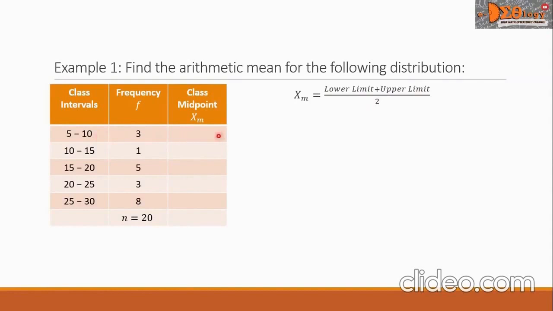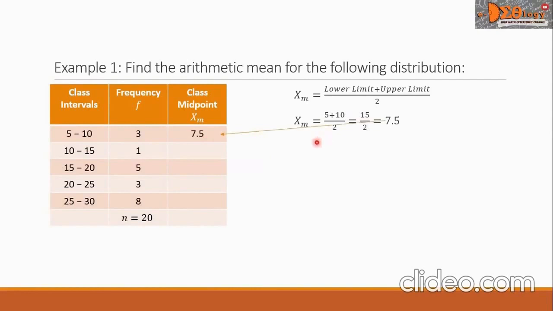So in our first class from 5 to 10, the lower limit is 5 and the upper limit is 10. Getting the midpoint of this group, we have 5 plus 10 divided by 2. Simplifying, 5 plus 10 gives 15, and divided by 2, we will have 7.5. And this value we will write on the blank. So we have here the 7.5.